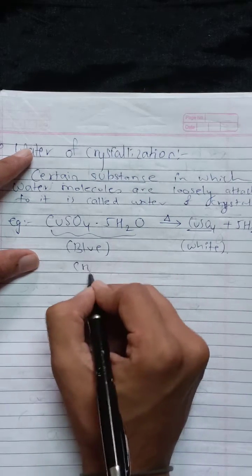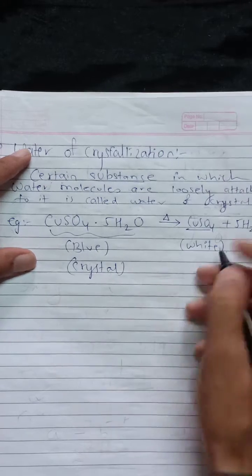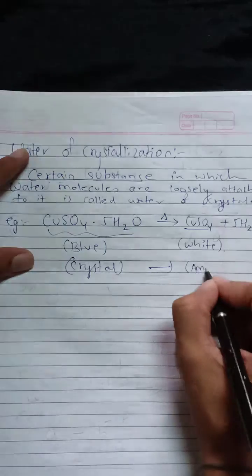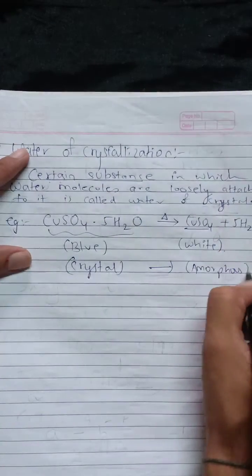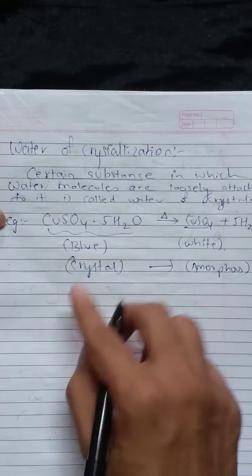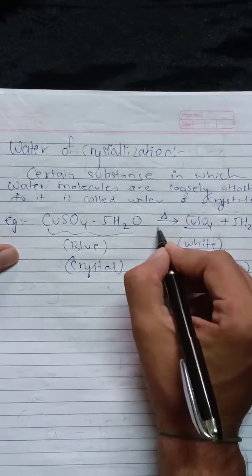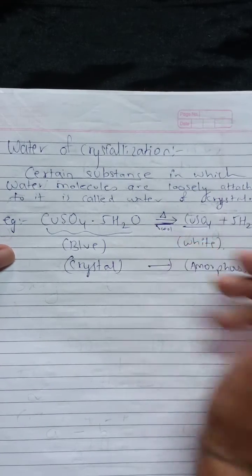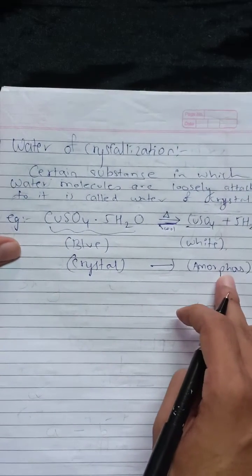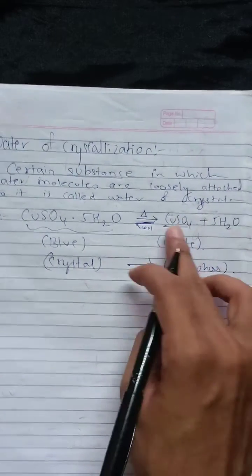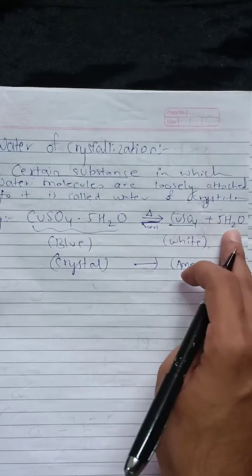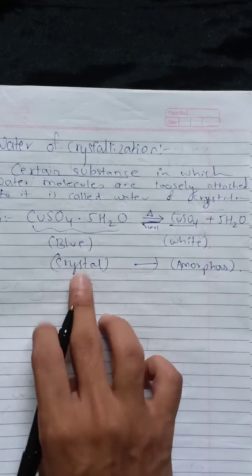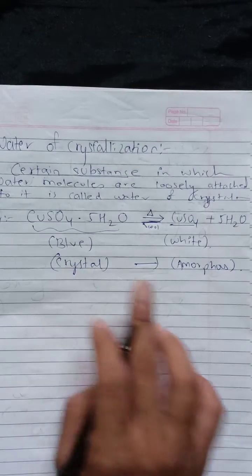So it was crystals, and when it got broken down, it became amorphous, the powdery form. Exactly the reverse can happen. This is a reversible process. If I cool this and add some water to it, the blue color can return and it can form a crystalline solid again.